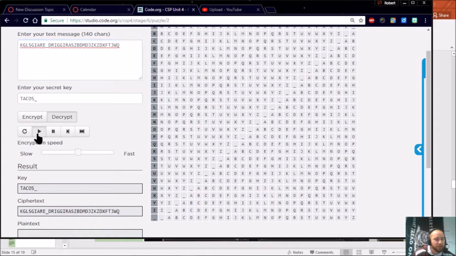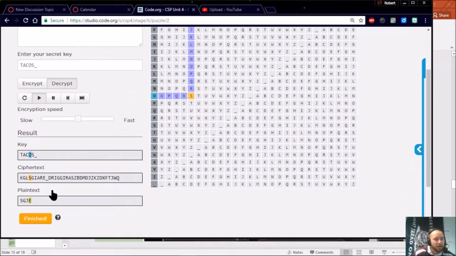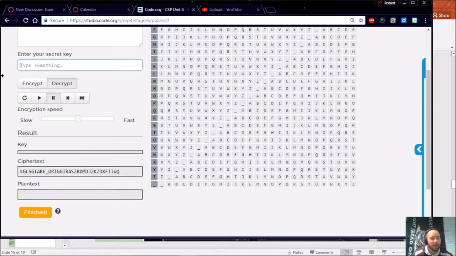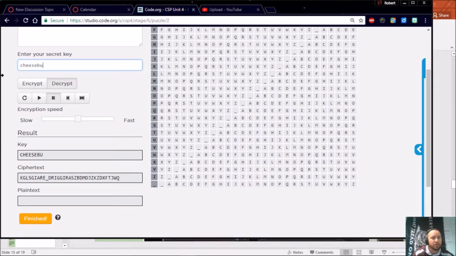So here I go and I'll push play. Alright, so the plain text is coming out all jumbled and meaningless, right? Let's pause. I'll go back to cheeseburgers. Oh, not capital. Cheeseburgers? I think that's how I spelled it. I hope. Okay, so see, it's working. I had the right key.